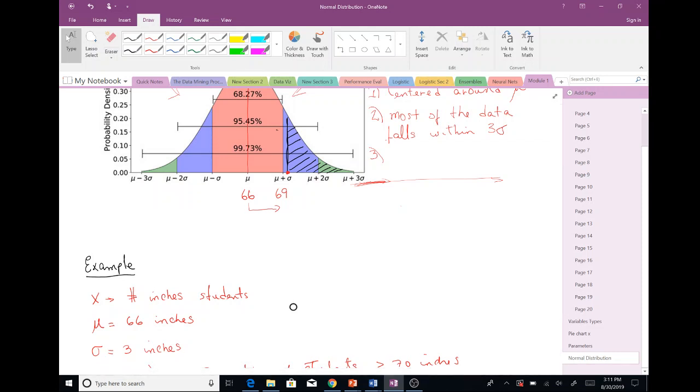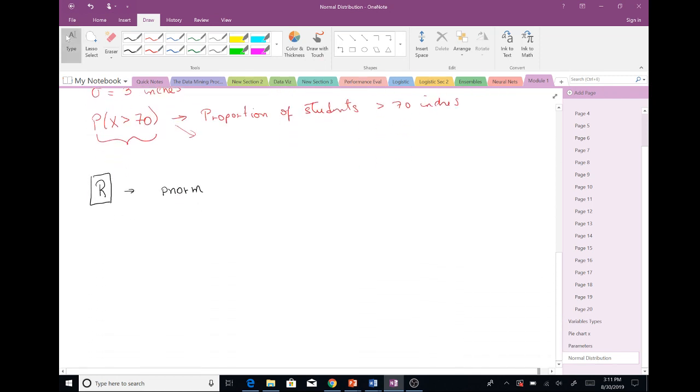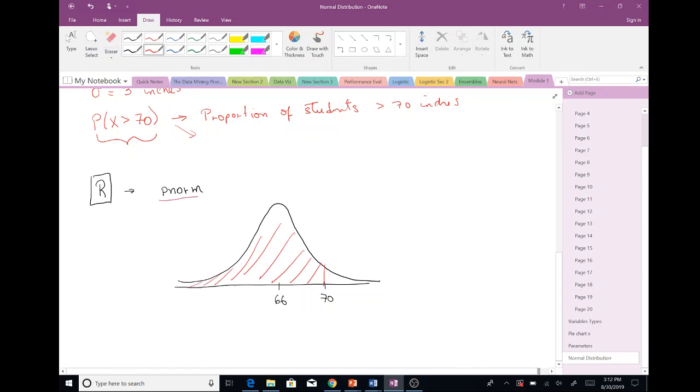By default, if we were to plot a normal distribution and we have the value of 70 here, the mean of 66, pnorm is just going to get the value of that point and below. So it is important that you understand that of the function pnorm.